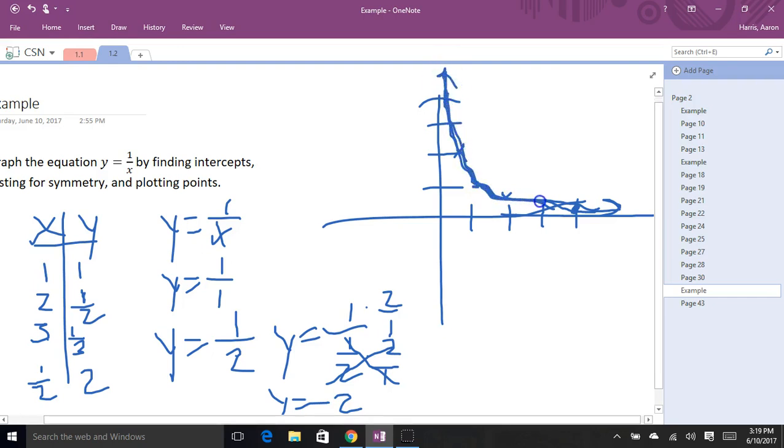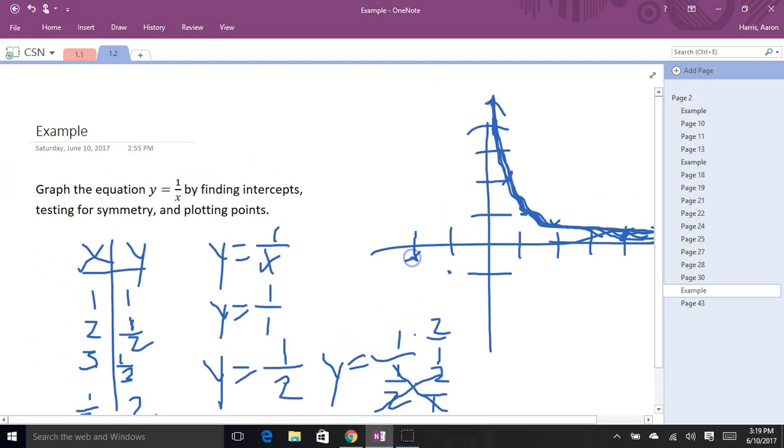So this is my best effort at graphing 1 over x. I do it on the left as well. Plug in negative 1: 1 over negative 1 is negative 1. Negative 2: 1 over negative 2 is negative 1/2. I graph that as well, and soon enough, when you start graphing this, you get an idea of what this function looks like once you plot a bunch of points.